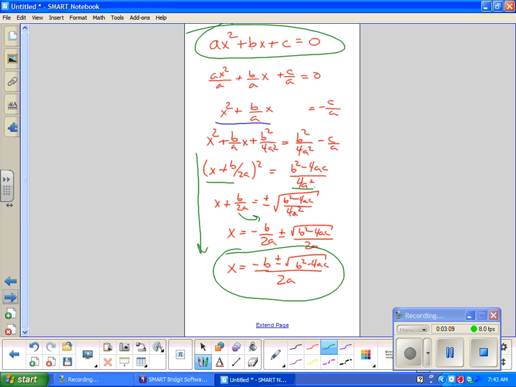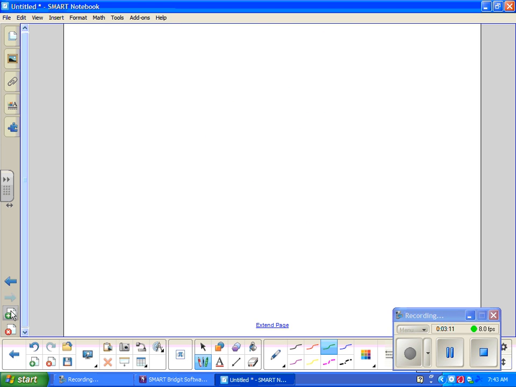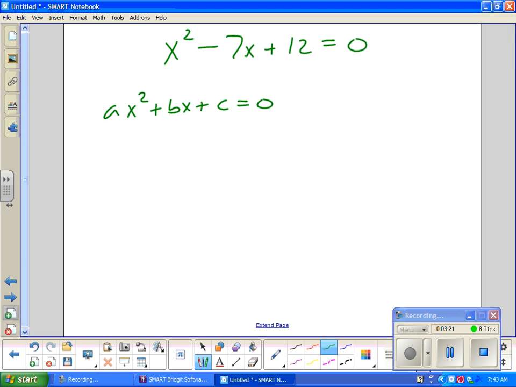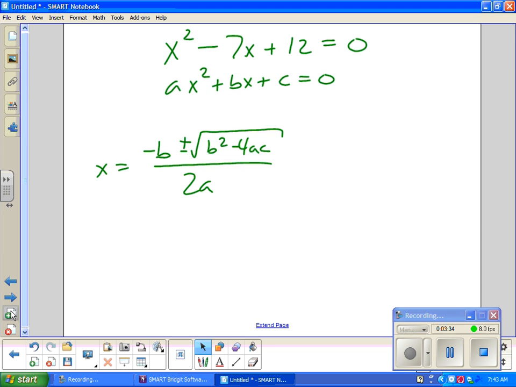So if I use that on the previous problem, I had x squared minus 7x plus 12 equals 0. And I know the general form is ax squared plus bx plus c equals 0. And I know x equals negative b plus or minus the square root of b squared minus 4ac all over 2a. First thing I got to do is look at this form and say, hey, what's a, b, and c? Well, I know this is 1.